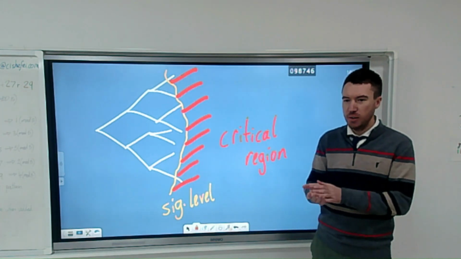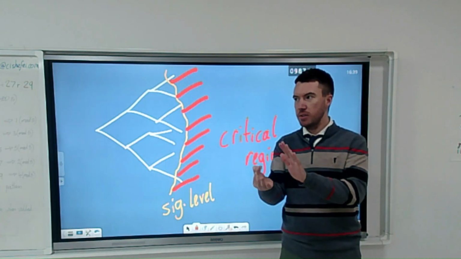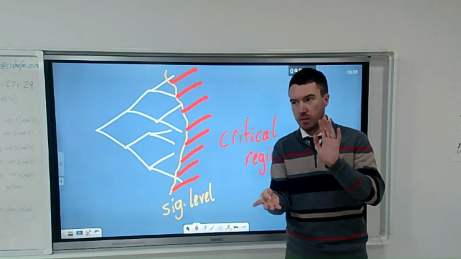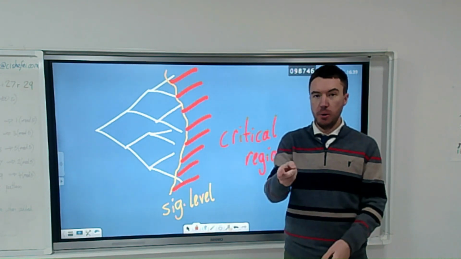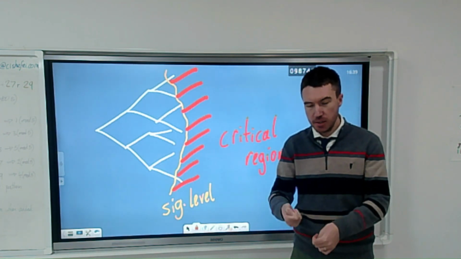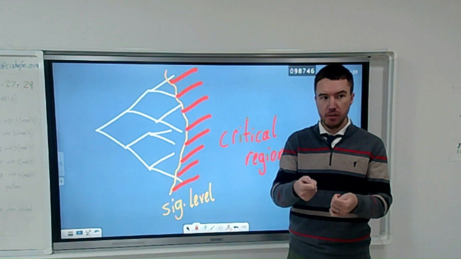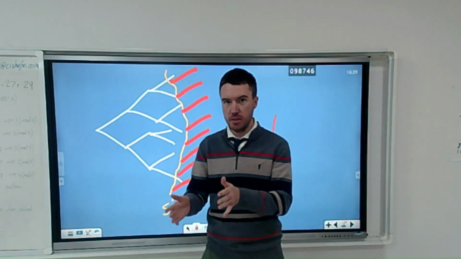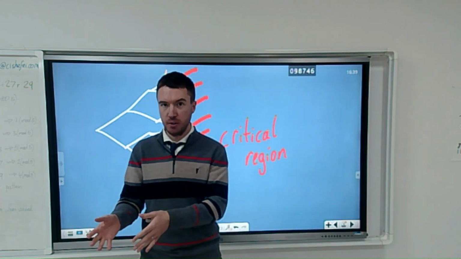Scary. Okay, so: null hypothesis, alternative hypothesis, significance level, critical region. I've got one more definition for you. It's the p-value. Every test that you do produces a statistic which has a p-value.